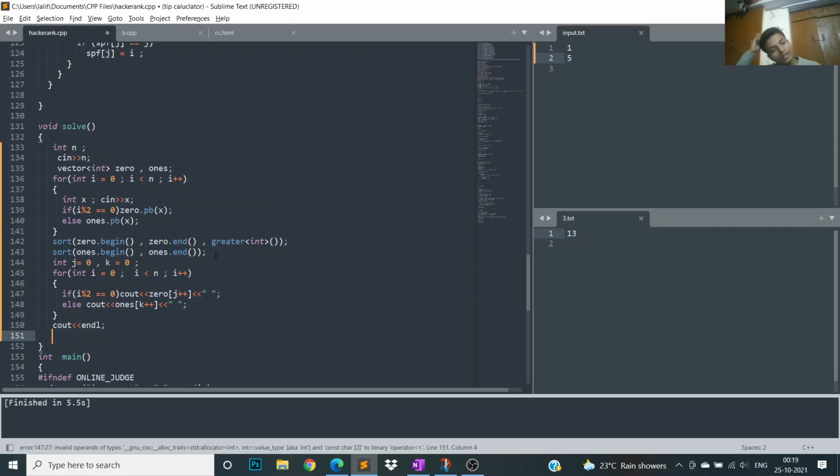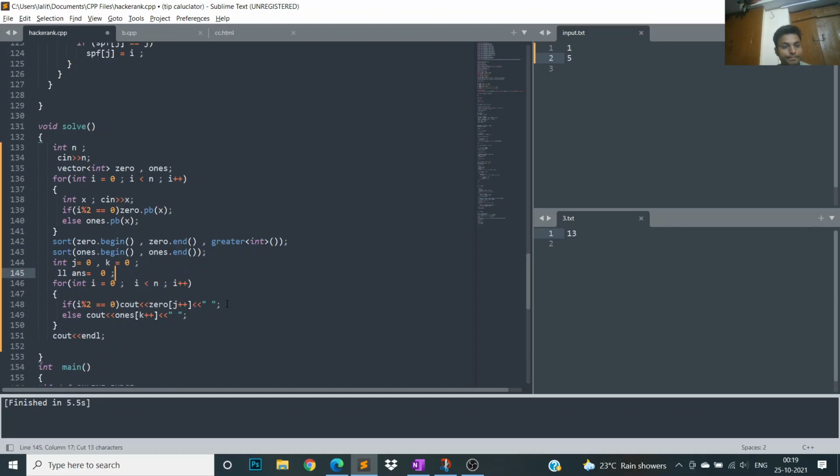Okay, now the answer. So long long answer is equal to 0. So if it is 0, the answer will be zero j into count.